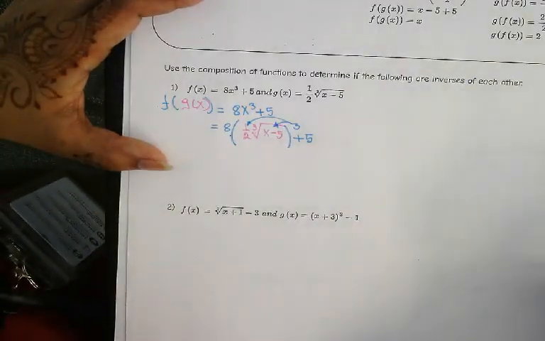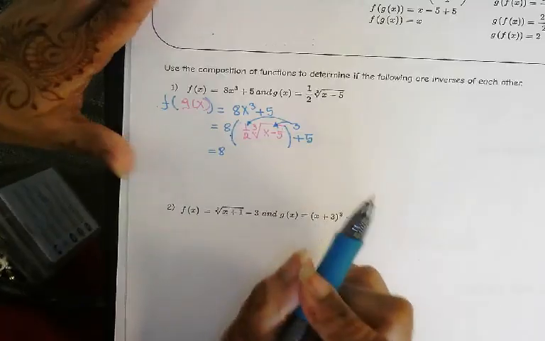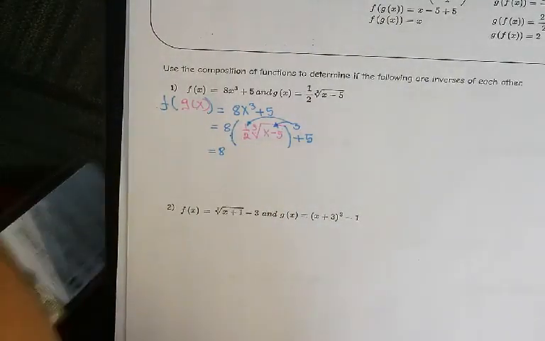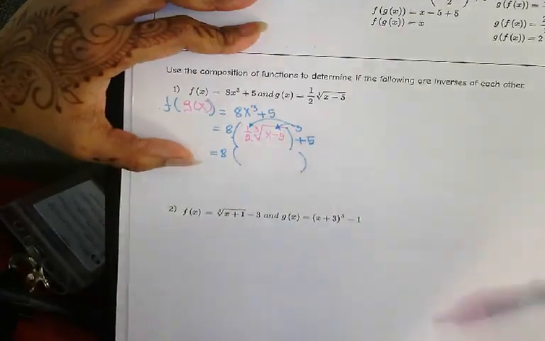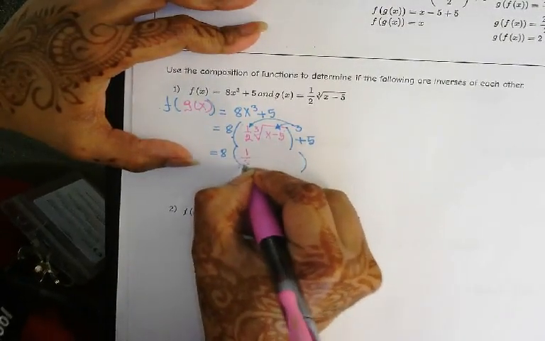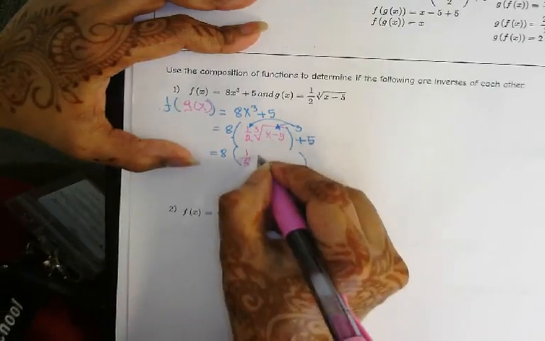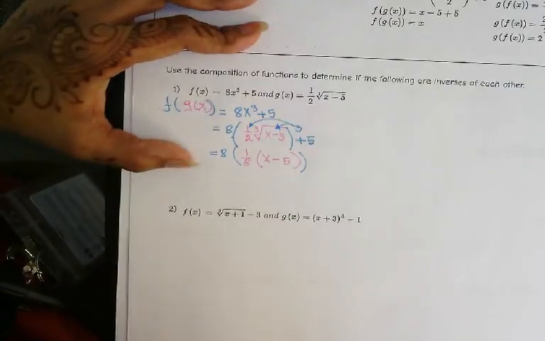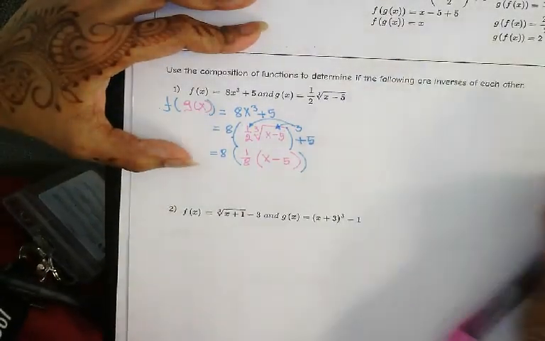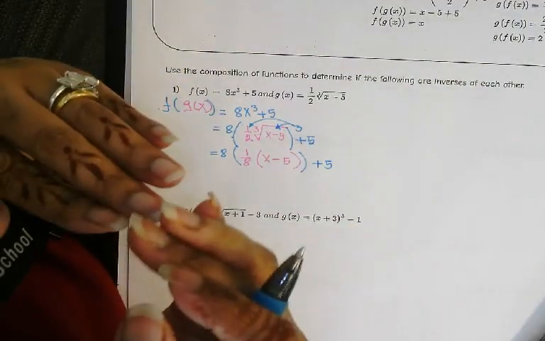We can separate. What's the value of 1/2 cubed? 1/8. So inside the parentheses, we're going to have 1/8. And what happens over here? You just get rid of the cube root. So x minus 5. Correct? And then plus 5. Any confusion over here? Anybody have any confusion?